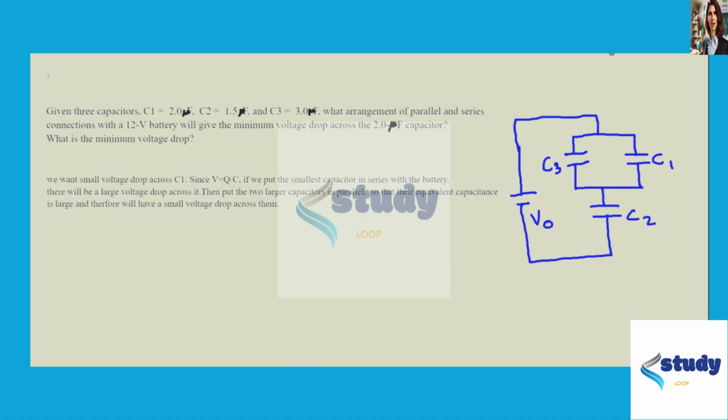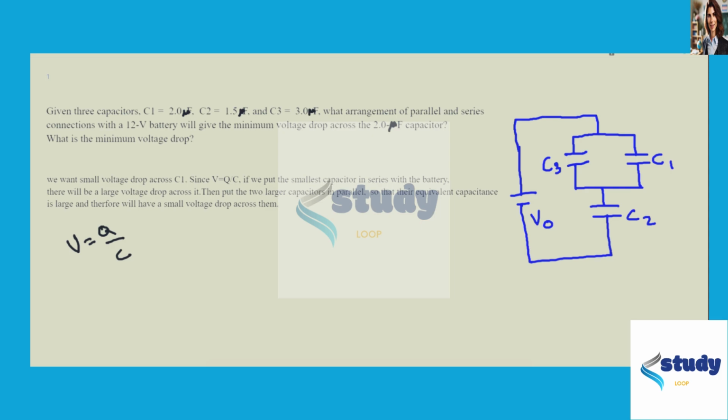So if you want small voltage drop or the minimum voltage drop across the 2 microfarad capacitor, we know the equation V equals Q over C, and from there we can tell that if the capacitance is very small, our voltage drop will be very high.